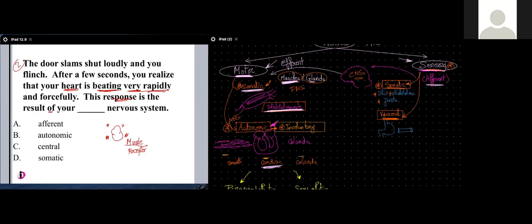Is it going to be sensory? It's not sensory input. I'm telling you that your heart is contracting, not that you can see, hear, or feel. So this is not a sensory input. I'm not collecting information. It's a response.